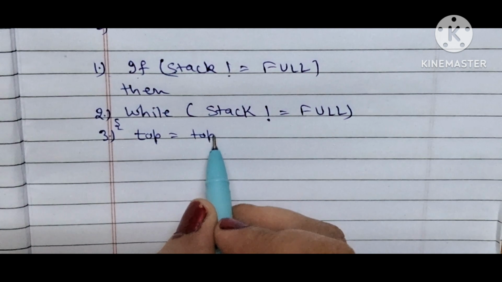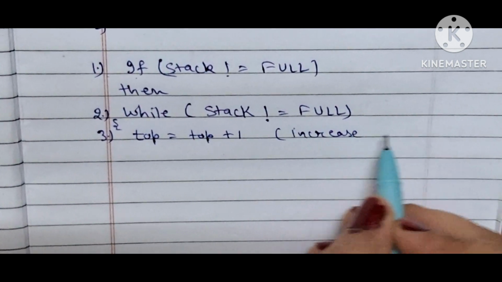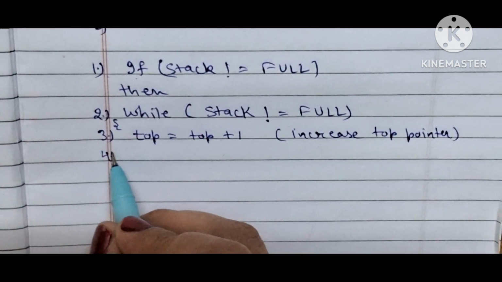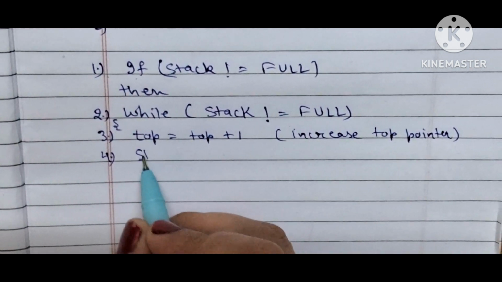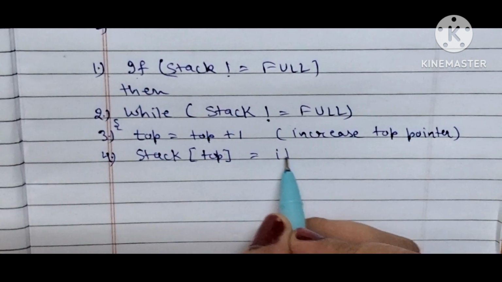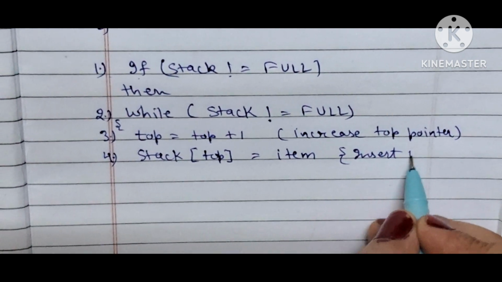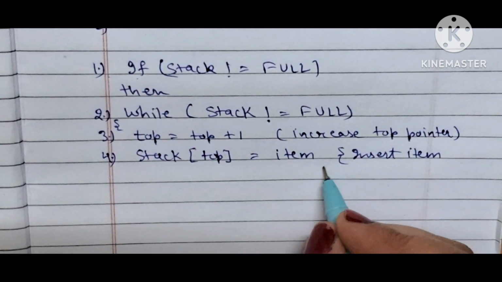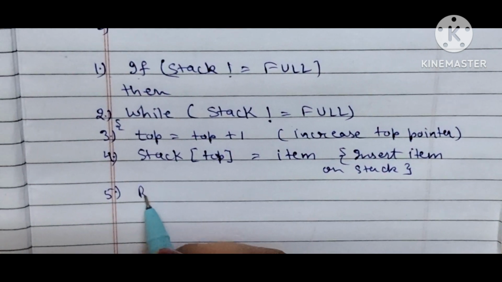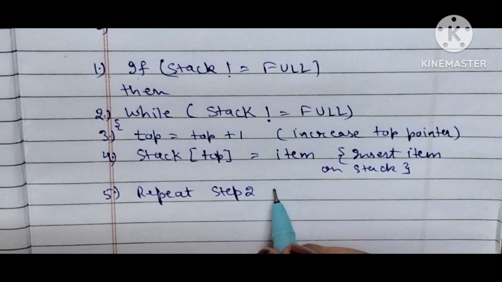If the stack is not full, then we have to insert or push an element at the top. So we first increase the value of the top by 1. Then we put the item on the top position of the stack that we have defined as an array. So we insert an item onto the stack.